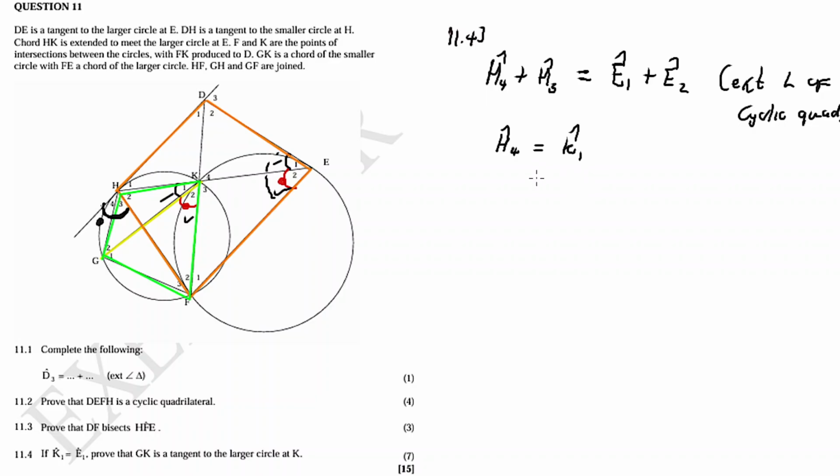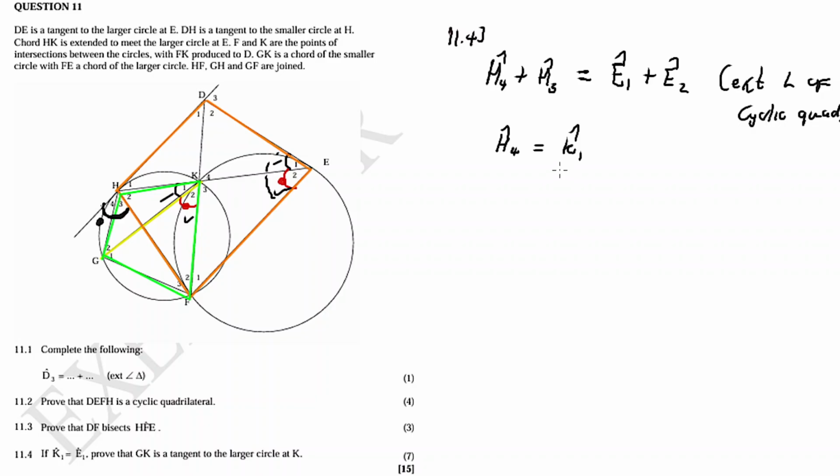Remember, our task is to show K2 is equal to E2. So we are trying to create an equation so that we can substitute and end up with K2 and E2 in the same equation, and eventually show that K2 and E2 are equal.